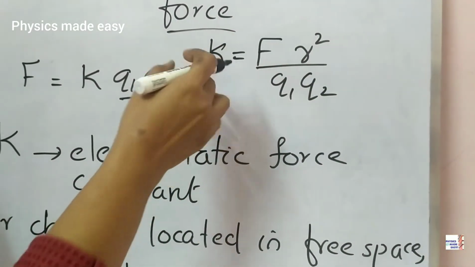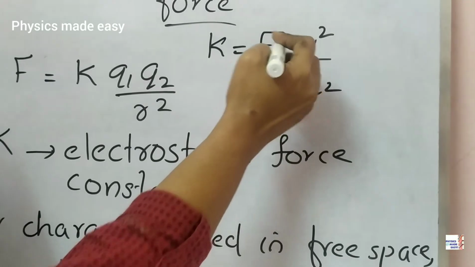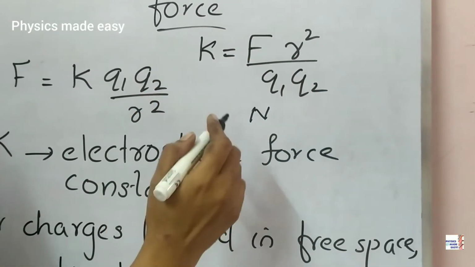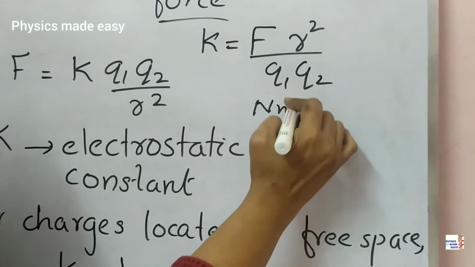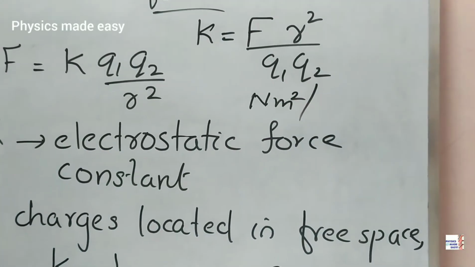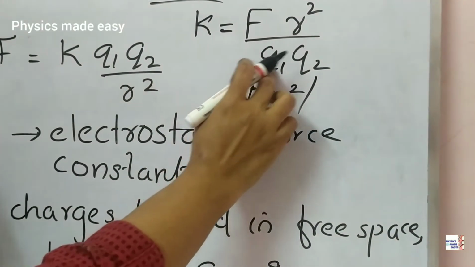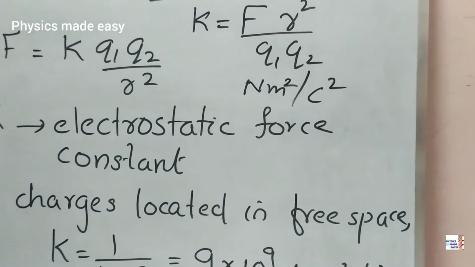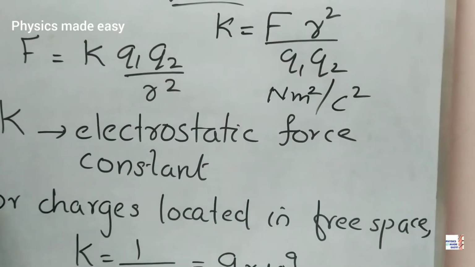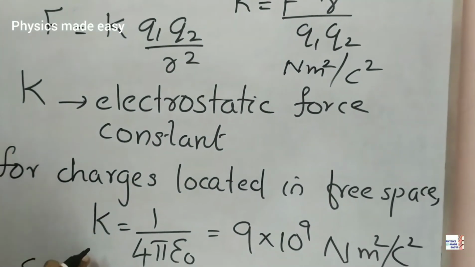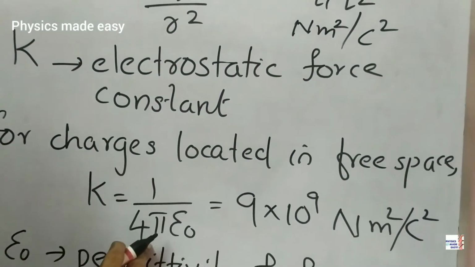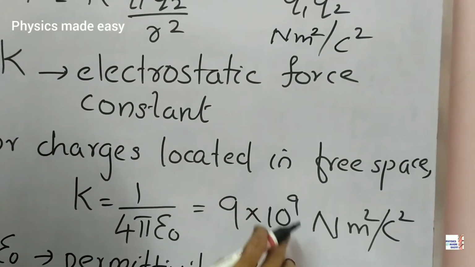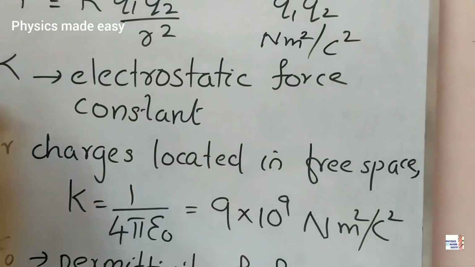Force, its unit is Newton; R, distance, its unit is meter, so meter square; divided by charge, its unit is Coulomb, Coulomb into Coulomb, that is Coulomb square. So the unit for K is Newton meter square per Coulomb square. So K is equal to 1 by 4 pi epsilon 0, that is equal to 9 into 10 raised to 9 Newton meter square per Coulomb square.